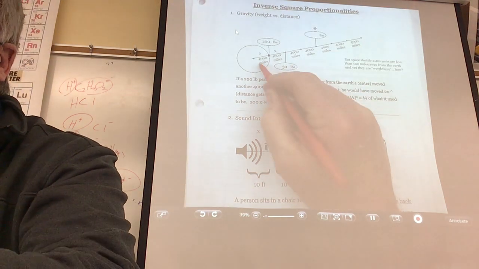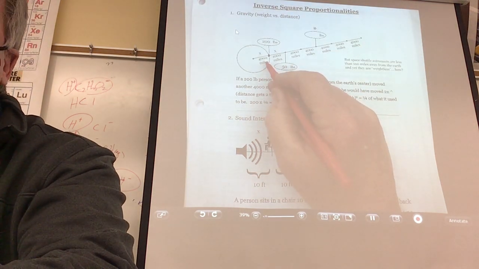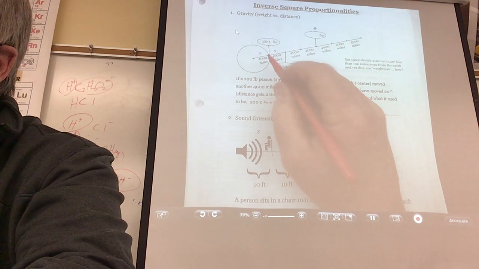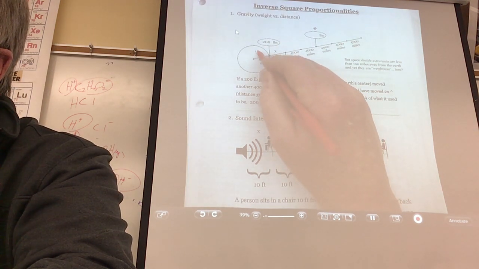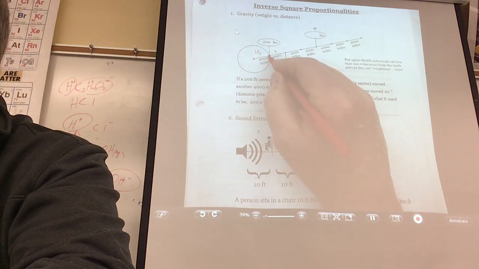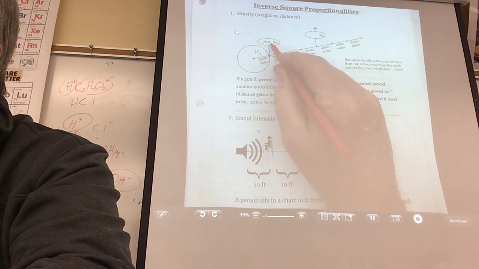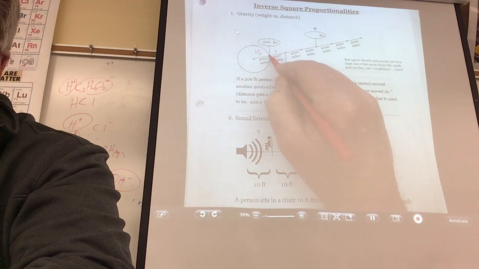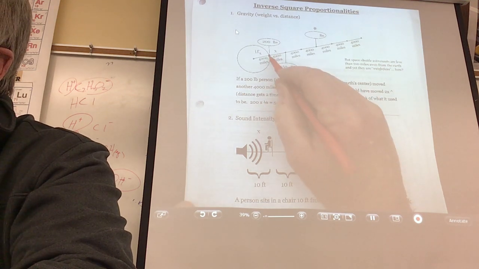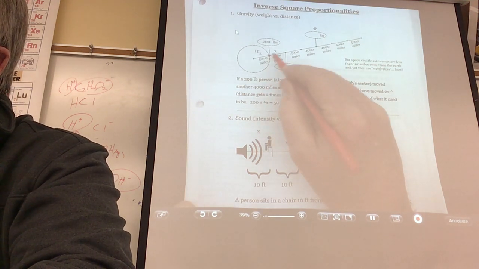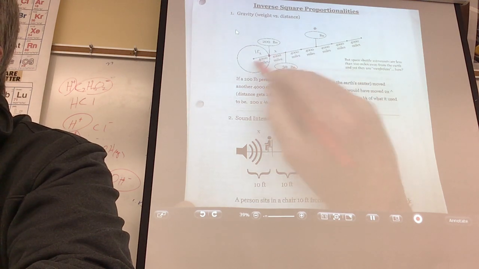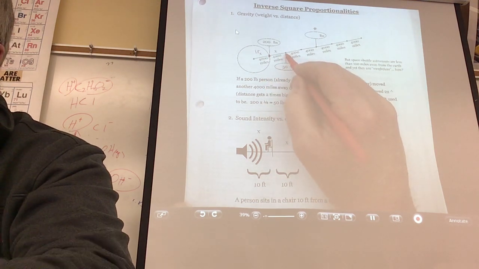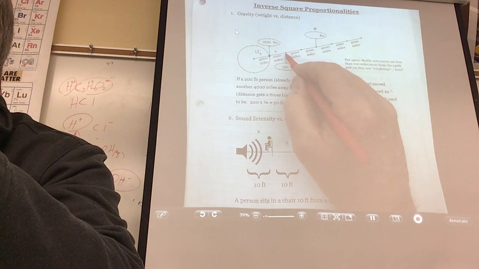As a matter of fact, it's about 4,000 miles away from me right now. I am 1 Earth radius away from the center of gravity. And let's say somebody weighs 200 pounds on the Earth's surface. Now, if I were to take you another 4,000 miles away, now you're 2 Earth radii away. So distance got 2 times greater.